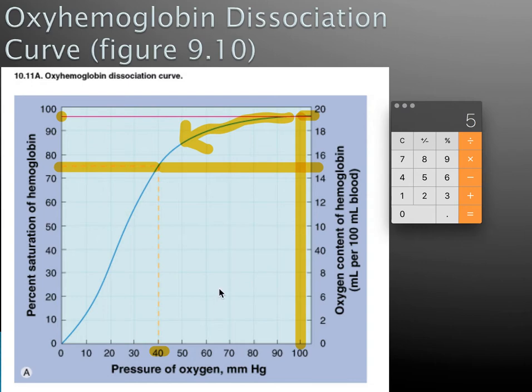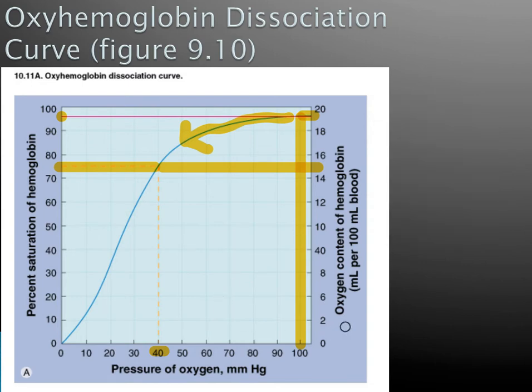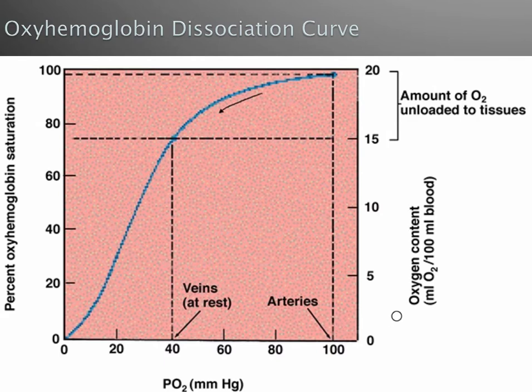Great. So this is a nice graph, and this is another graph I found online, and it's exactly what we've described. There's a little bit more detail in here. What we just described was unloading of oxygen at the tissues, 20 minus 15.